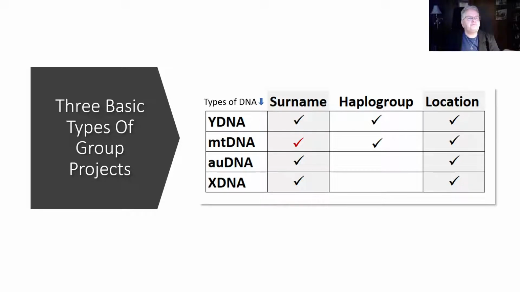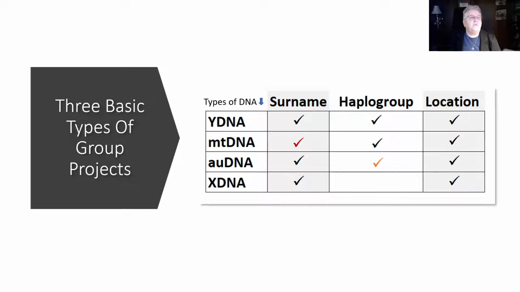For autosomal DNA, you're like, I don't know my haplogroup when I do an autosomal DNA test. No, you don't. But you may know someone in your family who has, and you may be able to work your haplogroup information based on their test. GEDmatch, if you are looking at your DNA matches on GEDmatch, they also list the haplogroups of your test takers if they've taken a Y or mitochondrial DNA test, and you may be able to find it there.